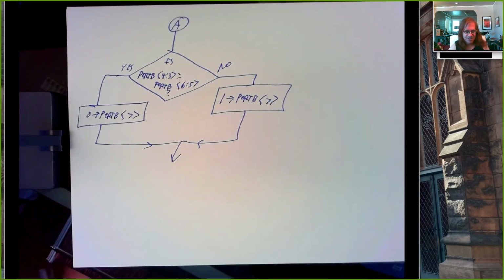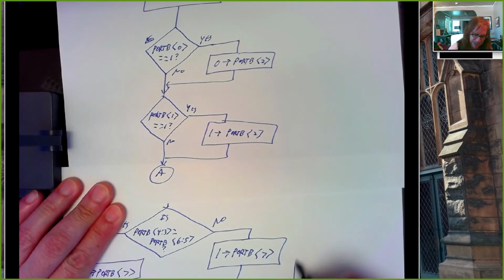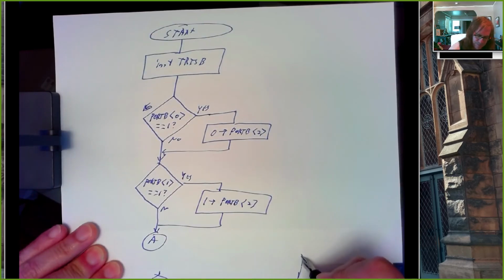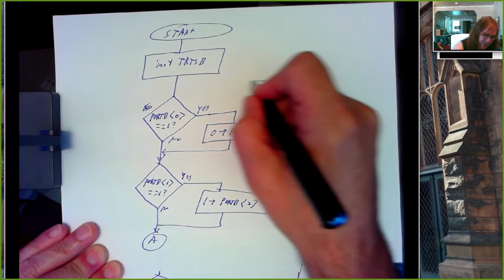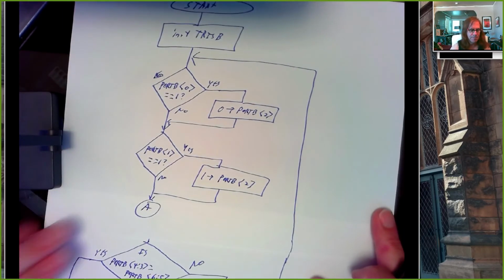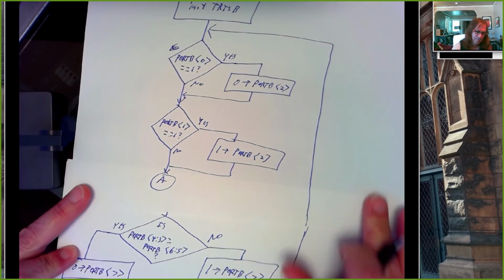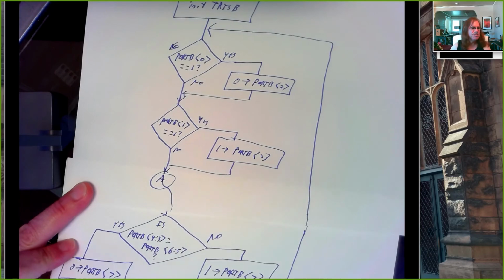And I think at this point we've done everything we need to do, so here we would just go back up to the top up here. So something like that.